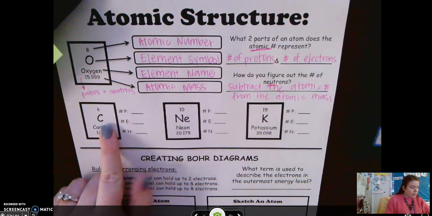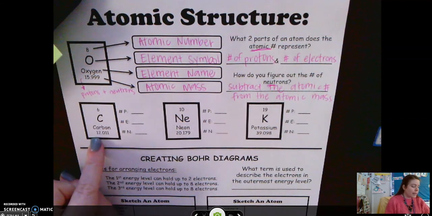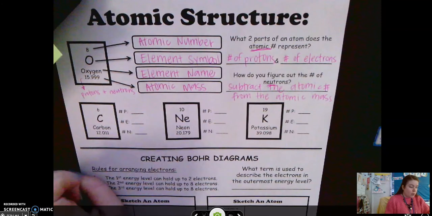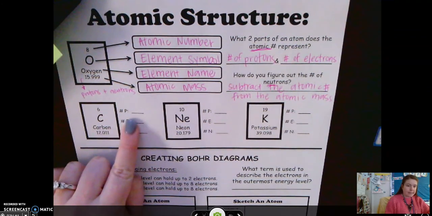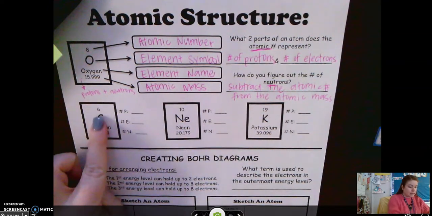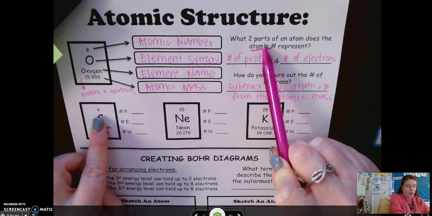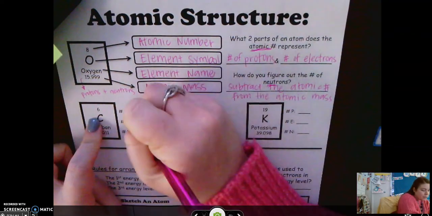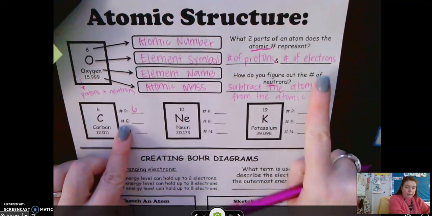So I see carbon, the element symbol, I see the element name, I see a 6 and a 12.011. So I'm going to start with the number of protons. That's what number P means. And so I'm going to look at this symbol and think about, how do I know the number of protons? I can look back at my notes and say, okay, number of protons is the atomic number, that number at the top. So I can put a 6 here for that. How do I know the number of electrons?